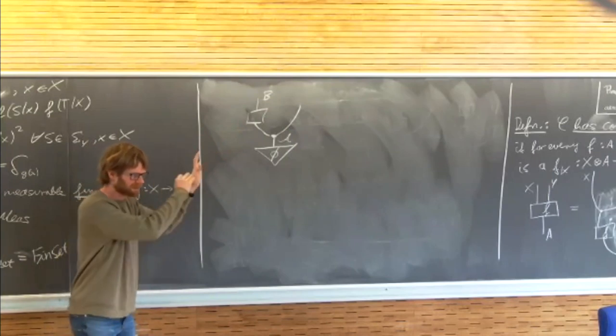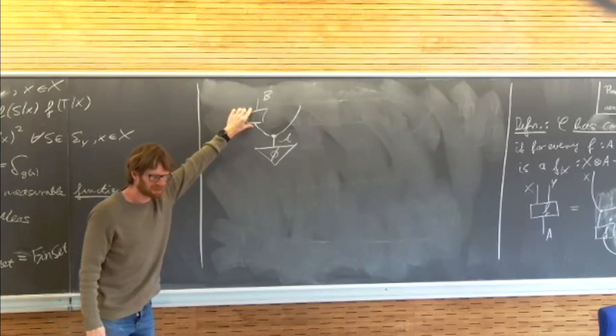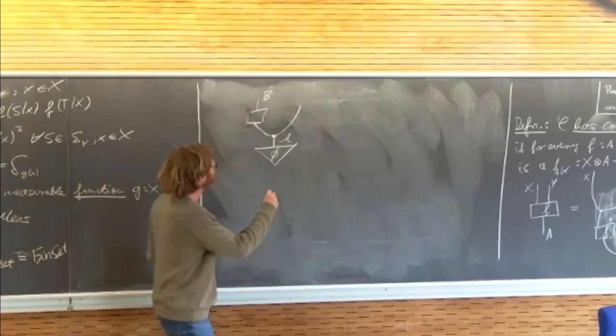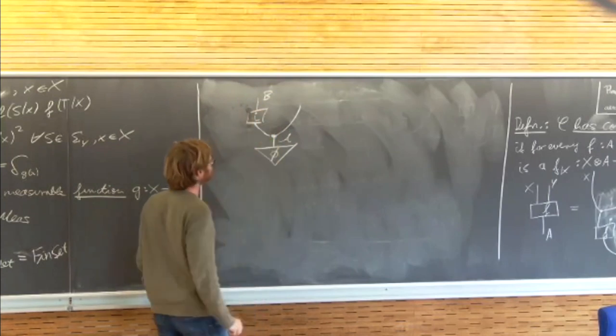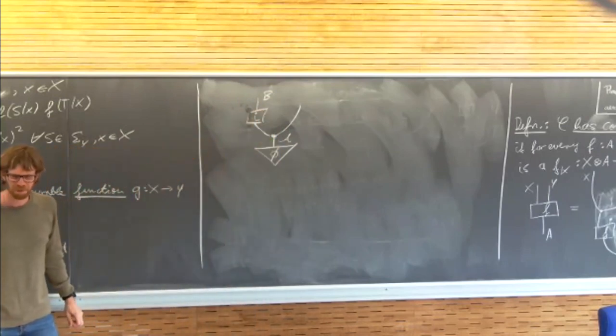In this sort of language, I need to write the inclusion also as a box because it's an actual map. So let's just write this as I for inclusion. It's deterministic, but that's not so relevant here.